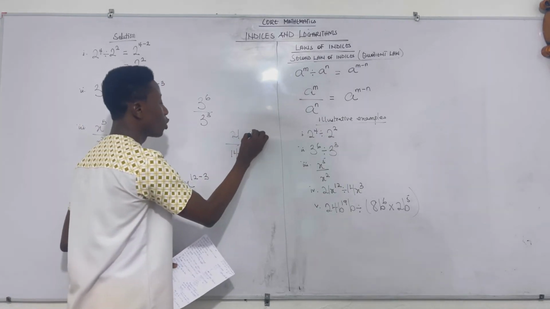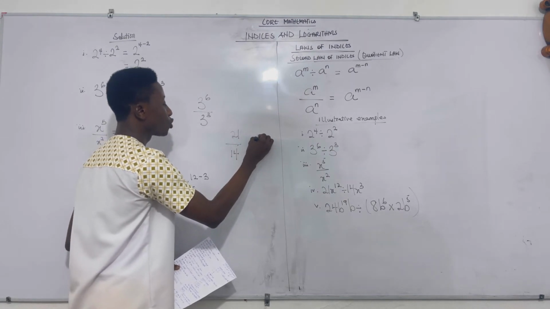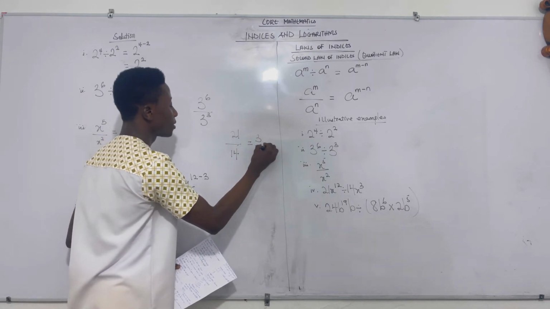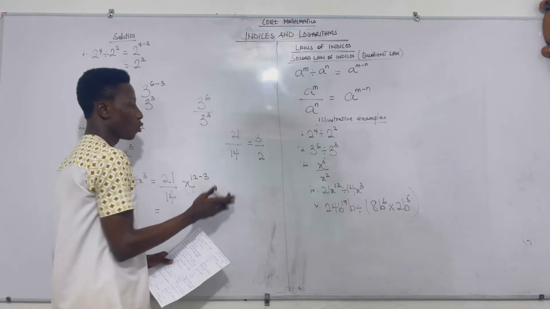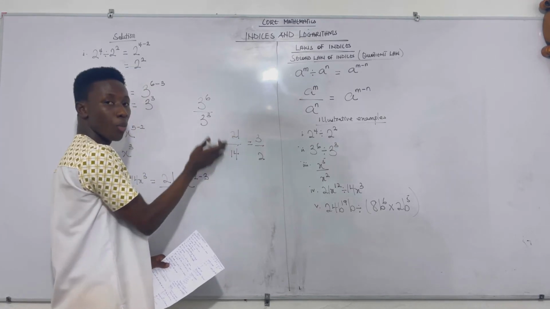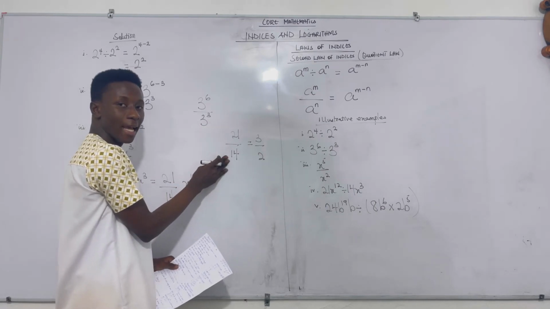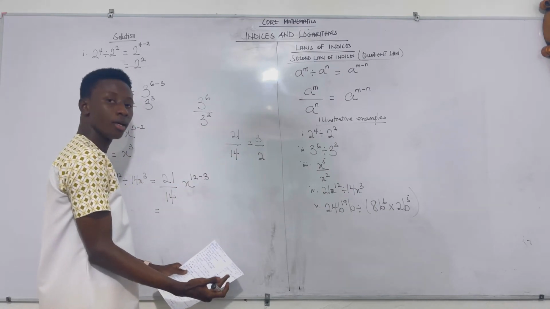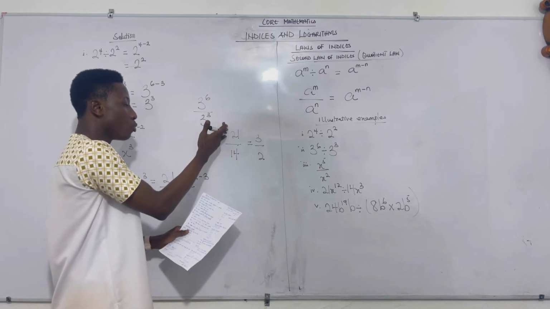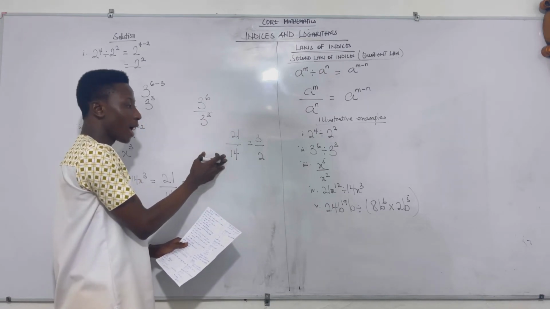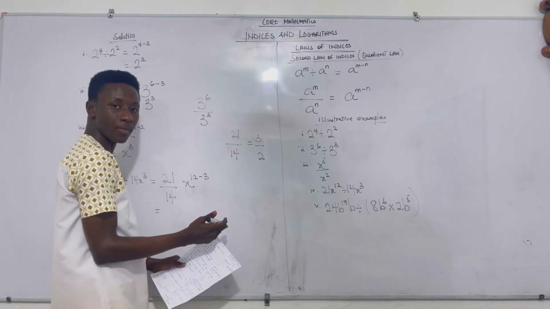Yes. So 7 will go into 21, 7 times 3 is 21, alright? And then 7 times 2 is 14. We're looking for a number that can go into both the top and the bottom, the numerator and the denominator. I'm not having a calculator with me. You have, so you should be able to do this on your calculator. It will give you 3 over 2 at the end of the day.